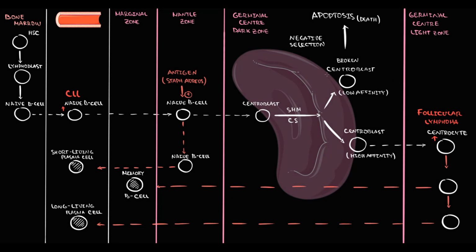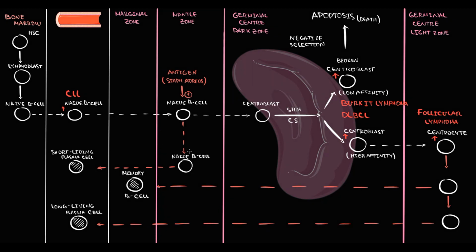Some mutations cause pathological increase in amount of centroblasts in the germinal center dark zone. This happens in case of Burkitt lymphoma and diffuse large B-cell lymphoma. In both these conditions, we can detect hyperextension of the dark zone due to the increasing amount of pathological centroblasts.